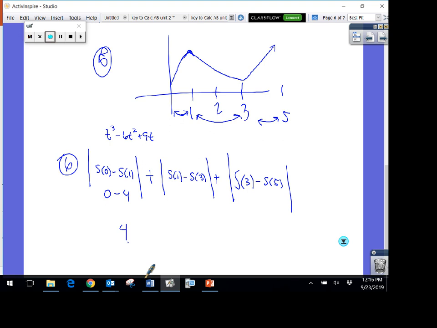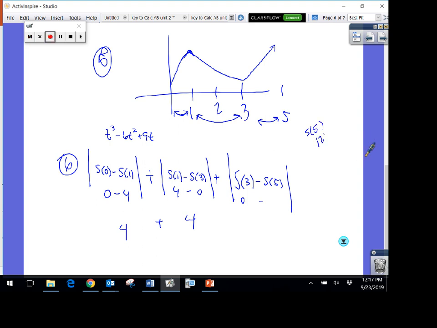All right, and we know s of 1 is 4. s of 3, we get 27. And 27, so that outside is 54. And then negative 6 times 9 is 54, so that's 0. So plus 4. And again, we already found s of 3. That's 0 minus, we need s of 5.